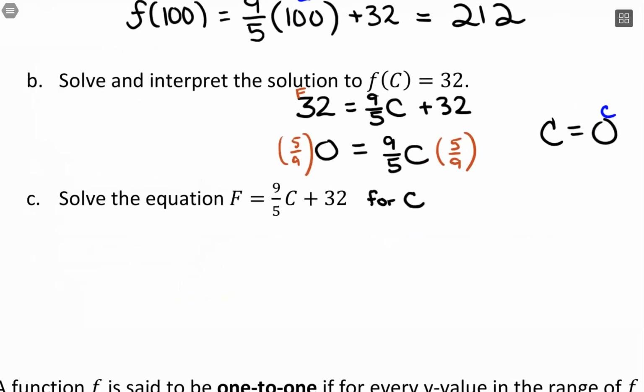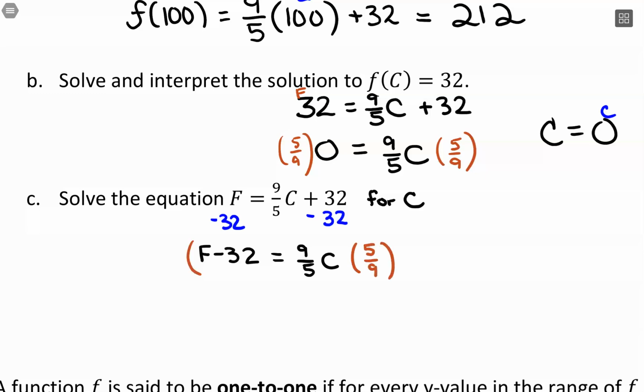So to solve for C, I'm going to subtract 32 from both sides of the equation. That'll give me F minus 32 equals 9/5 C. And then I'm going to do that multiplication with 5/9 so that my fraction cancels out.